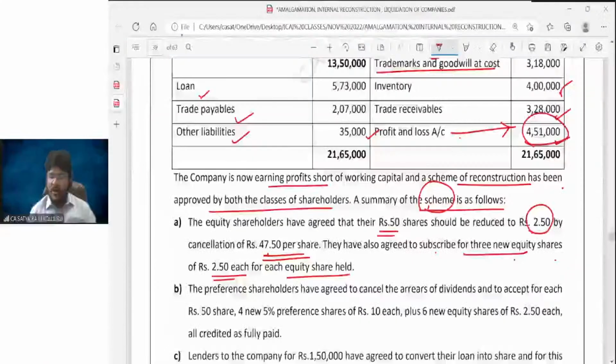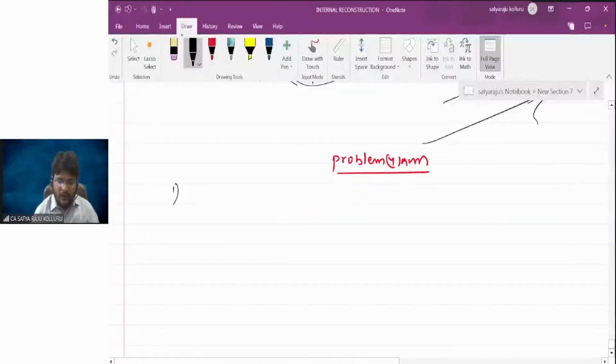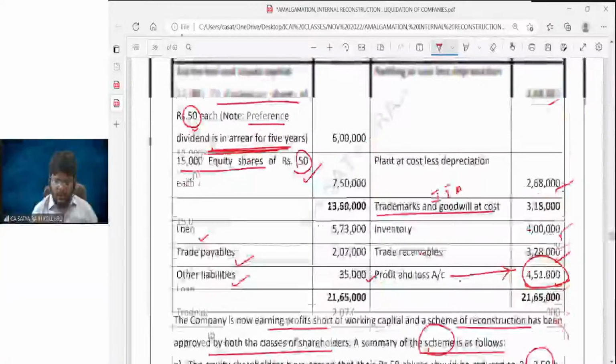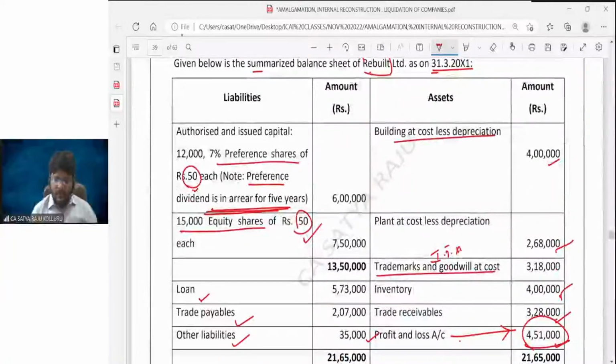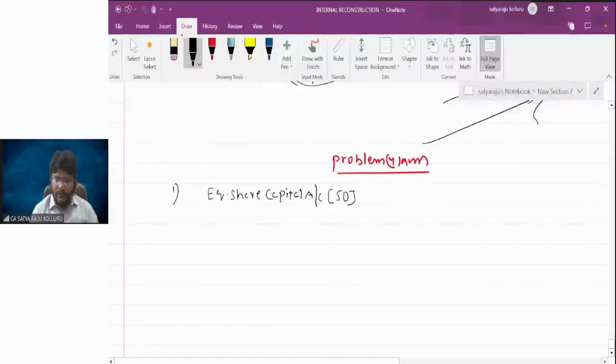That means here you can simply conclude that the new face value per each equity share is 2.50, and the new paid up value is also 2.50 each. That's why first of all you should cancel the existing face value, Equity Share Capital Account debit. How much face value? 50. Existing capital: 15,000 into 50, which is 7,50,000.